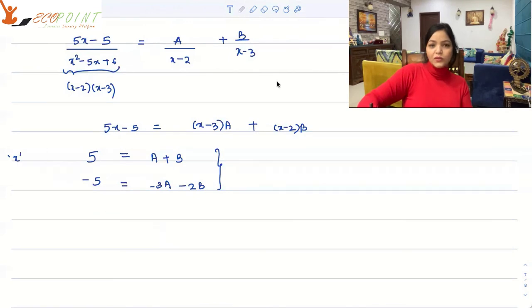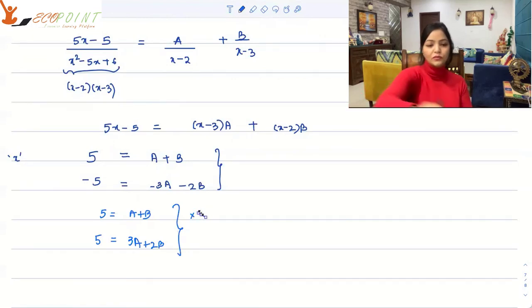Let me just change the color. What I can do here is, I have 5 is equal to a plus b. Now I can keep this as 5 is equal to 3a plus 2b. So I'm going to multiply this by 2.